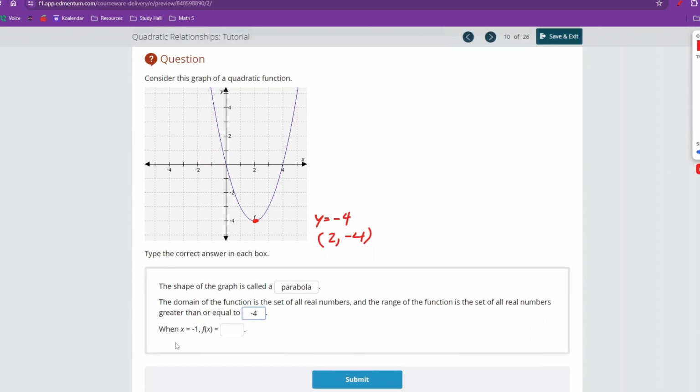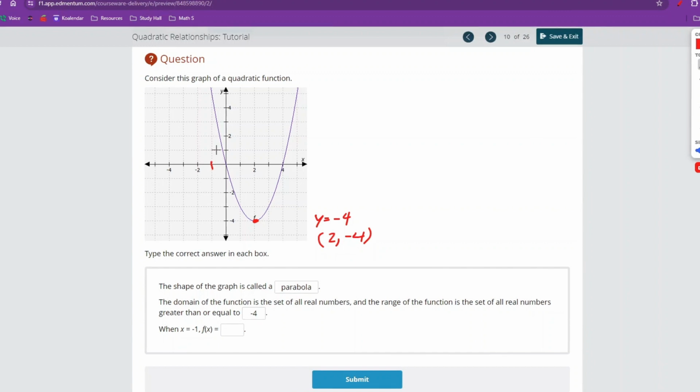And finally, when x is equal to -1, f of x is equal to, well, on the last page I showed you how to evaluate a function given the equation. But when you're told to find what a function is and you're given the graph, you just look at the corresponding x or y value. In this case, we're going to look at x is equal to -1.